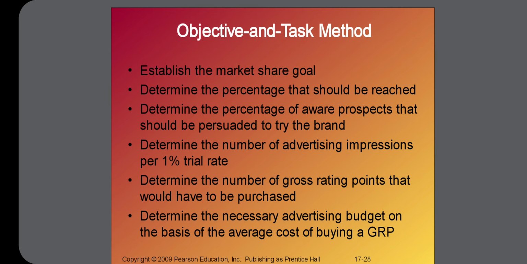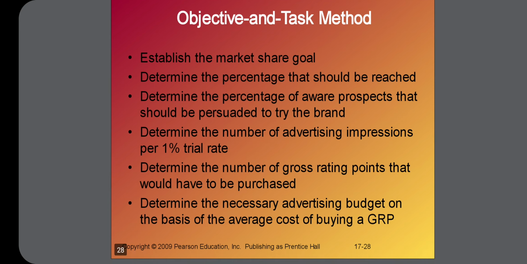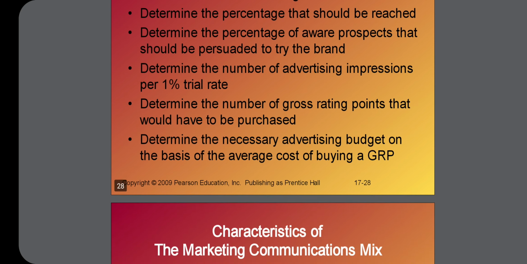Determine the percentage that should be reached, determine the percentage of our prospects that should be persuaded to try the brand, determine the number of advertising impressions per 1% trial rate, determine the number of gross rating points that would have to be purchased, as well as determine the necessary advertising budget on the basis of the average cost of buying.